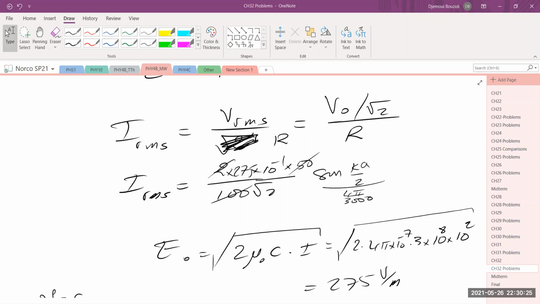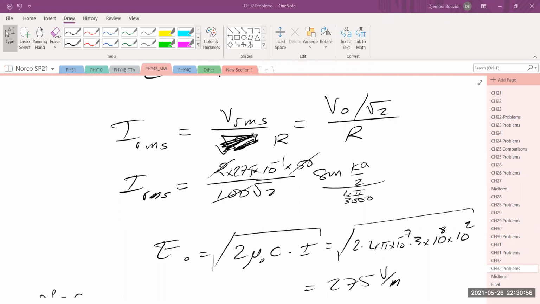So I have 275 times 0.1. I should have done this quickly. Times 4 pi divided by open parentheses square root of 2. And I have 3,000 in front of it. Okay, I didn't make any mistake, and hopefully you guys are here to make sure I don't.